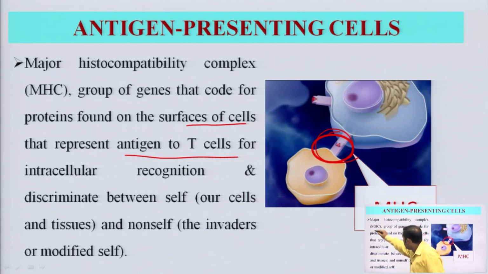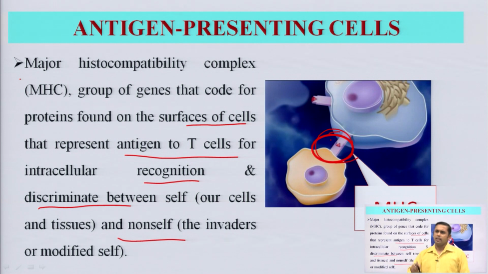That is why this complex is very important, and it helps in the recognition and discrimination between self and non-self. One of the major properties of our immune system is that it can differentiate between our own immune cells and a foreign substance.